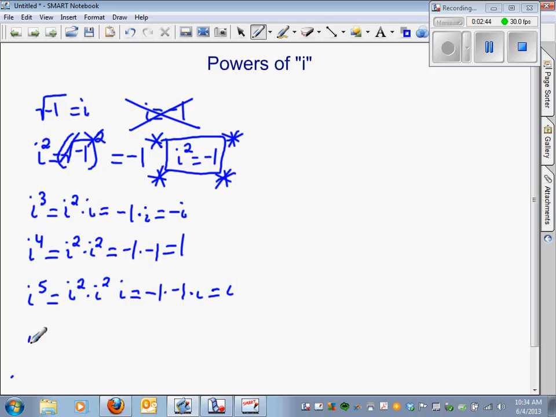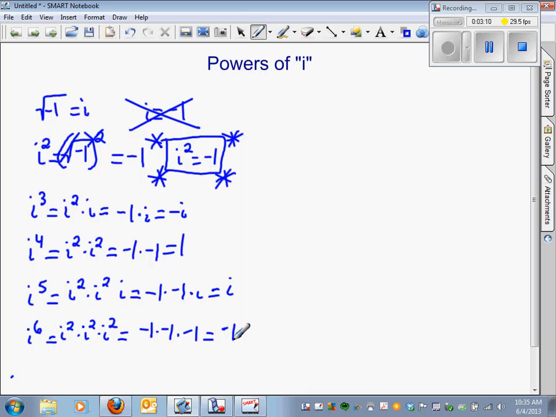I to the sixth could again be calculated very similarly. I squared times I squared, that's I to the fourth, times another I squared would be I to the sixth. Each of those I squareds is equivalent to -1. So -1 times -1 times -1. Multiply three -1s and you get a -1.